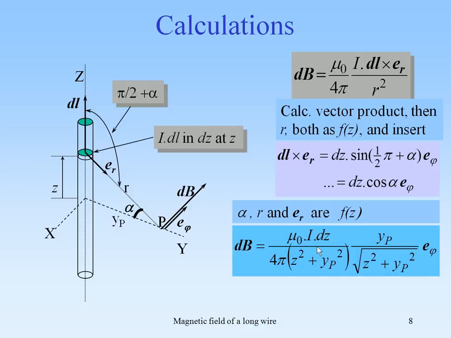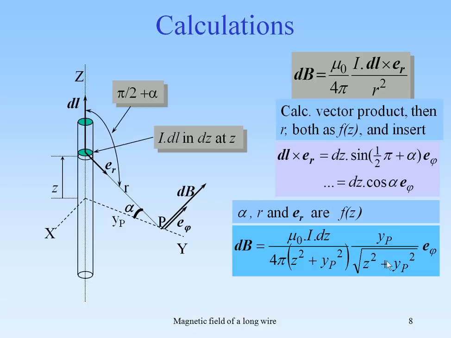When we write those as functions of z, we can integrate over z. And when we do that, we have mu naught times I times dz over R squared times cosine alpha, and cosine alpha is written here: y_P over the square root of z squared plus y_P squared.